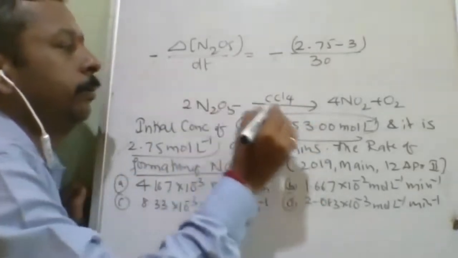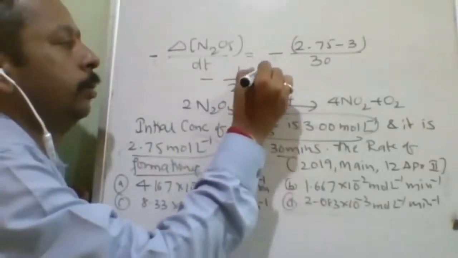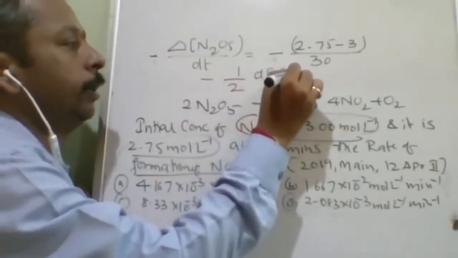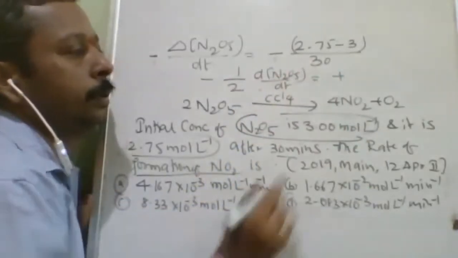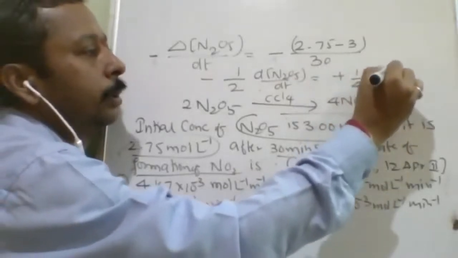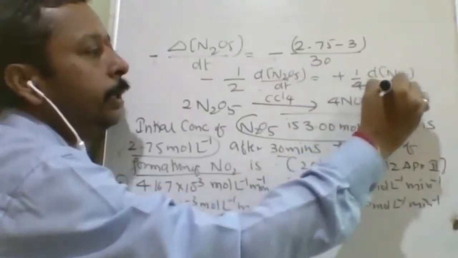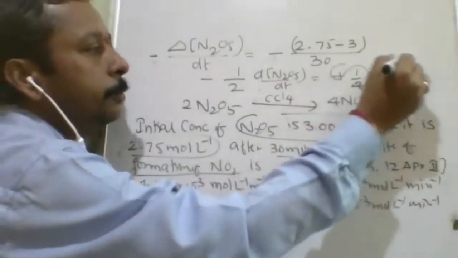So from this equation we can say minus 1 by 2 d[N2O5] by dt is equal to plus, as it is a product, 1 by 4 d[NO2] by dt. Now for the rate of formation, we want only this part.